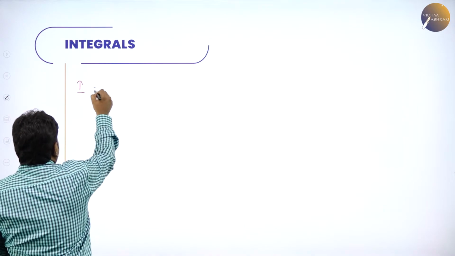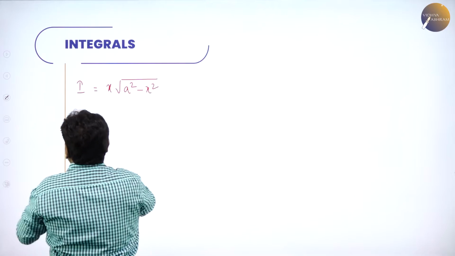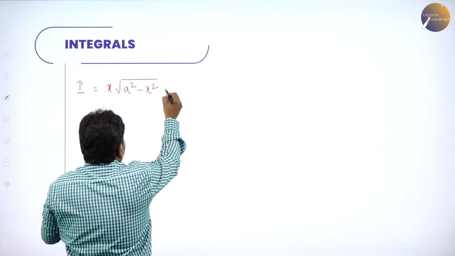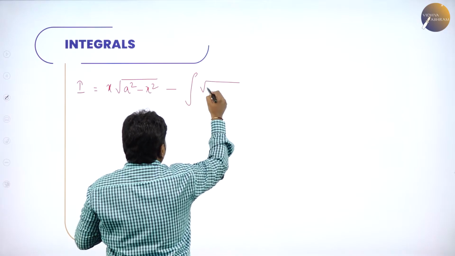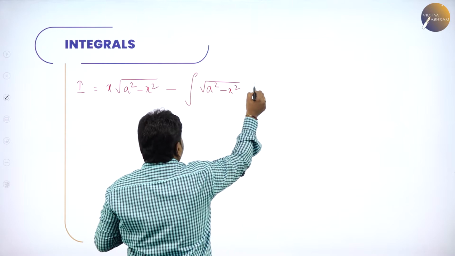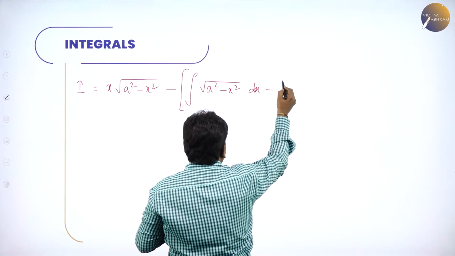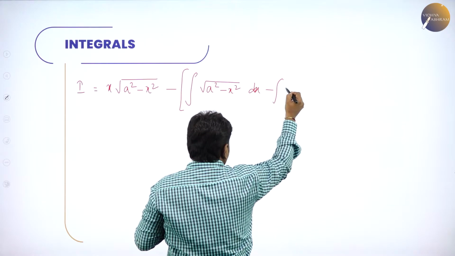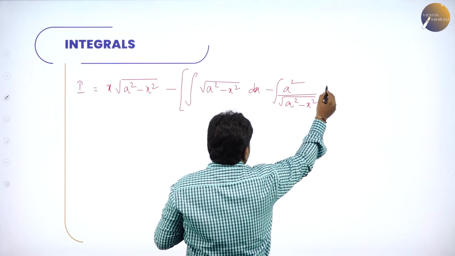So I is equal to x into root of a square minus x square, and outside we have minus, brackets, integral of root of a square minus x square dx, and minus integral of a square divided by root of a square minus x square dx.